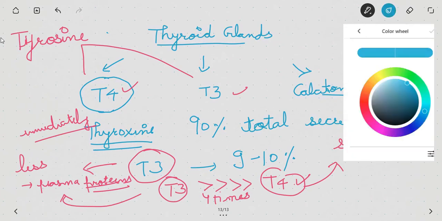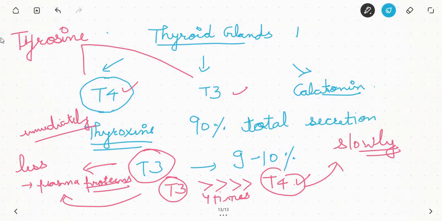Coming to the half-life, T4 has a half-life of 7 days and T3 has a half-life varying between 10 to 24 hours. Thyroxine rate of secretion daily is 80 to 90 microgram per day. T3 daily secretion is 4 to 5 microgram per day.